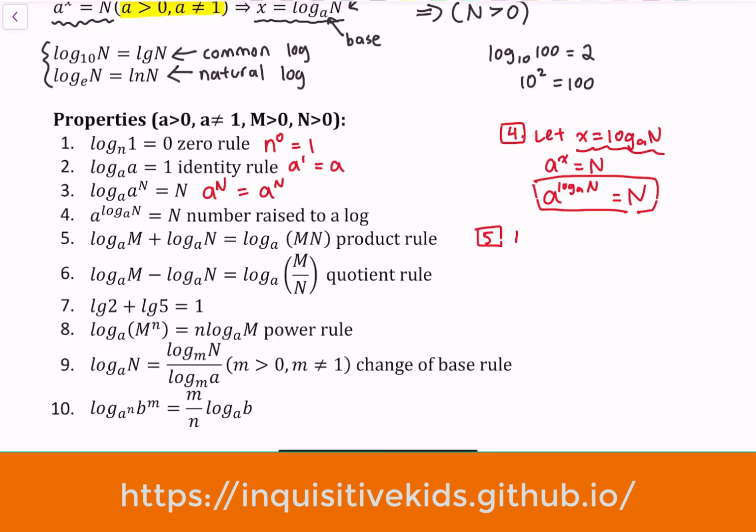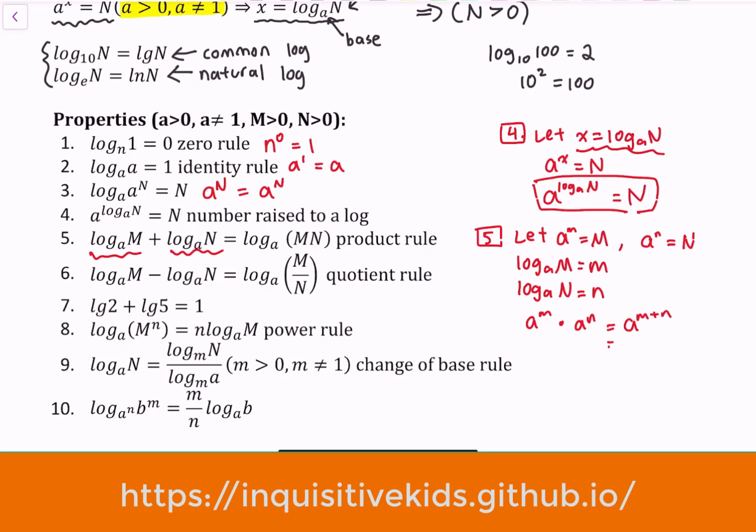So we can let a raised to the power of little m be equal to big M, and a raised to the power of little n be equal to big N. This way, we can rewrite log base a of M as little m, and same for the second term. Now, when we have a to the power of m times a to the power of n, we get a to the power of m plus n.